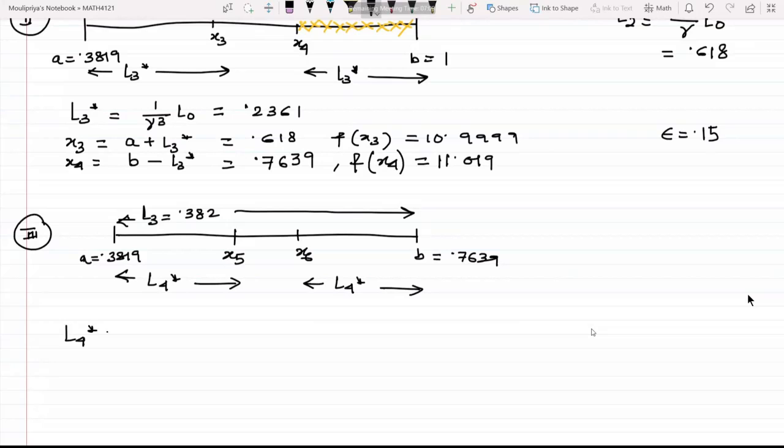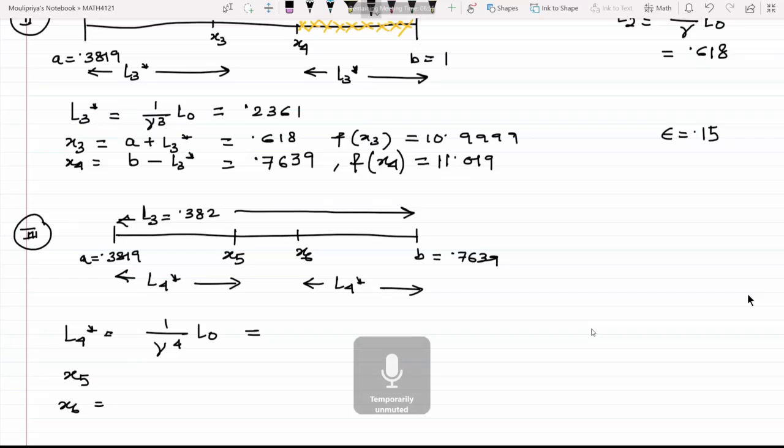L4 star is 1 by gamma to the power 4 times L0. Quickly, what is L4 star? X5 and X6. What is our L4 star?